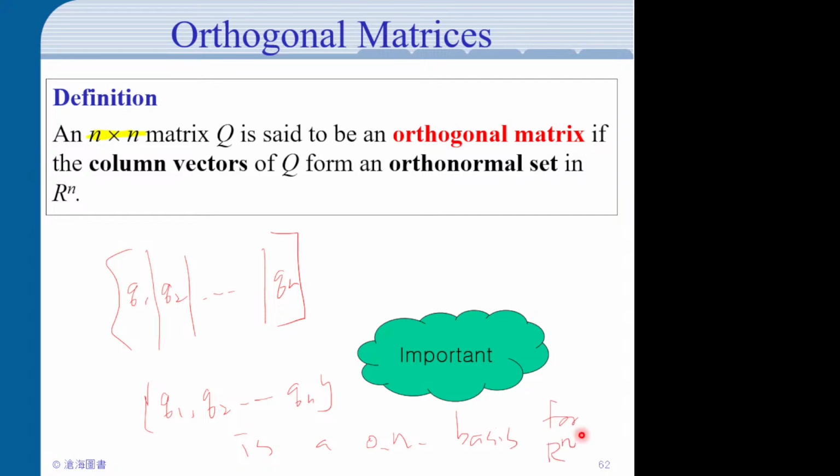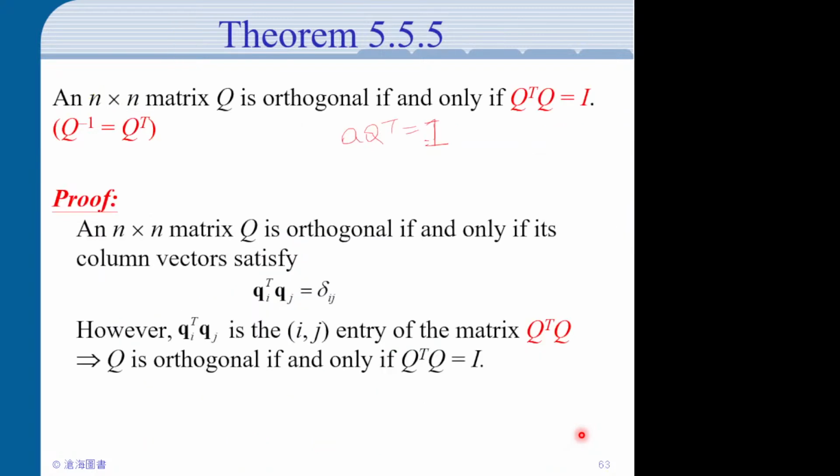That's something. Going back and forth here, Q Q transpose also equals identity. And here we can see a funny thing.